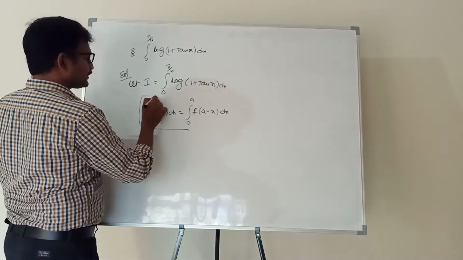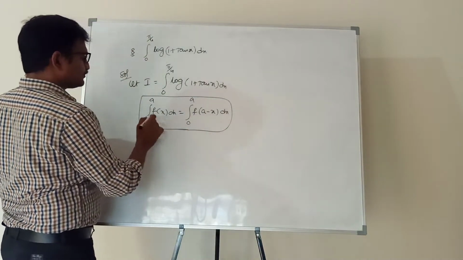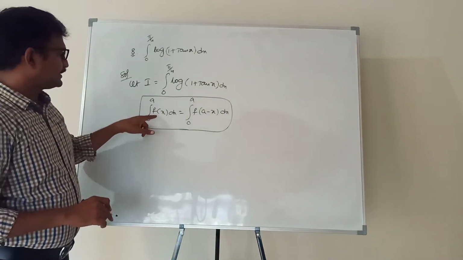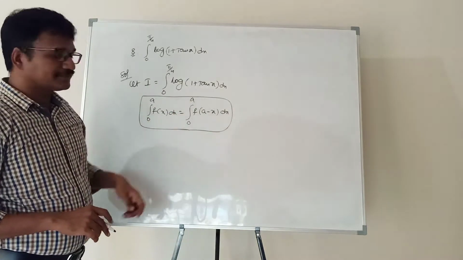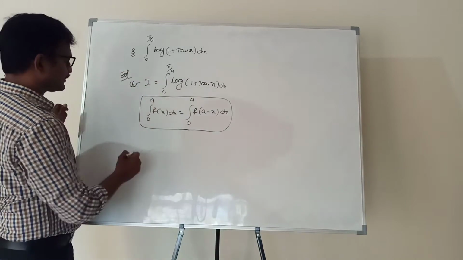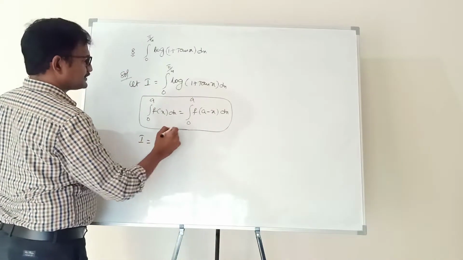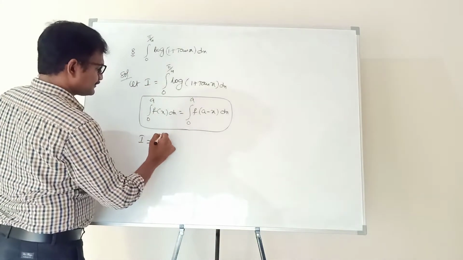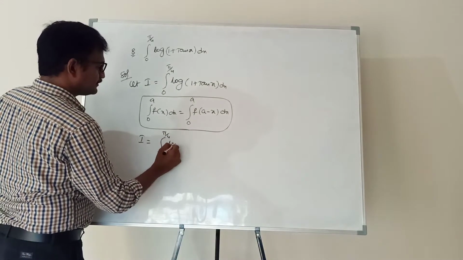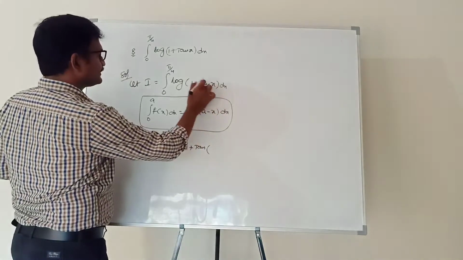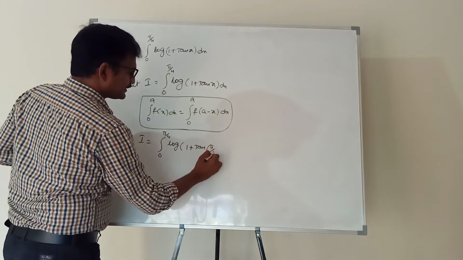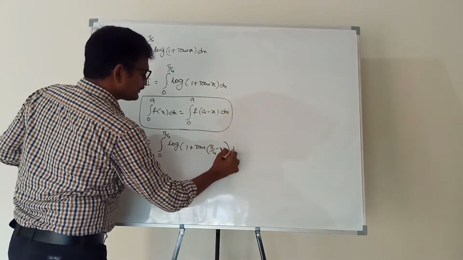So according to property number 5, 0 to a f of x dx is there. We can replace x with a minus x. So from this property I is equal to the integral from 0 to pi by 4 of log 1 plus tan, in the place of x we can replace with a minus x, that means pi by 4 minus x, dx.